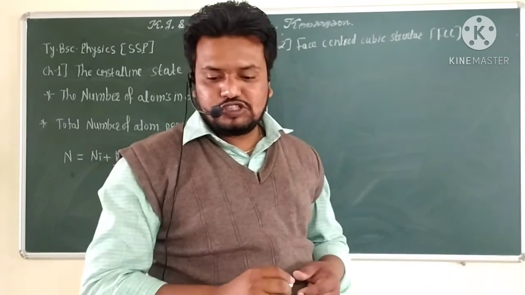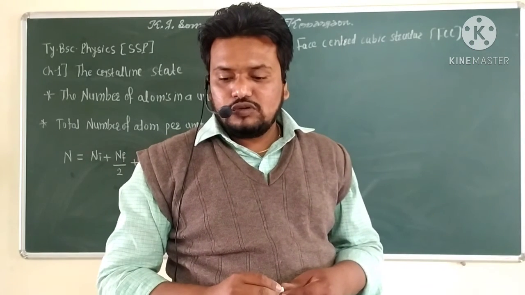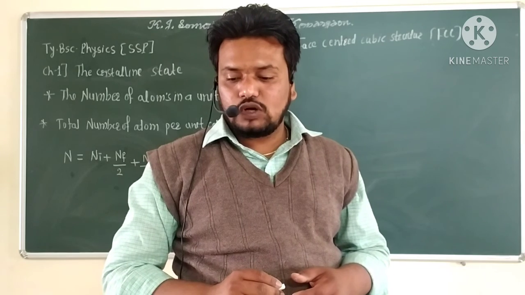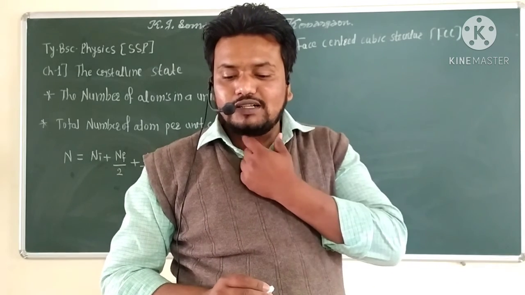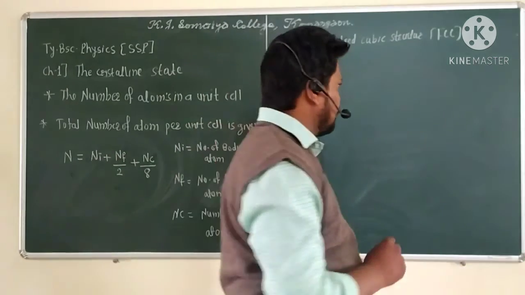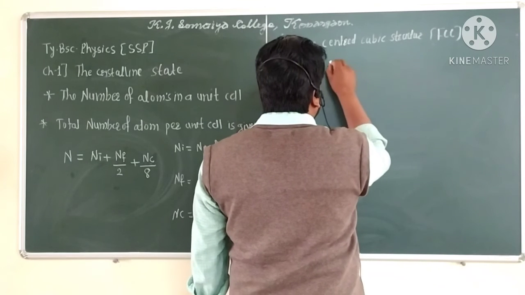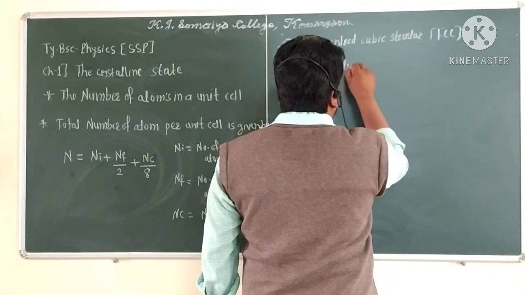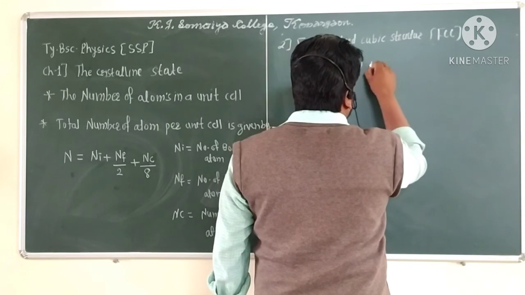In FCC structure, there are 8 atoms at the corners and 1 atom at the center of each of the 6 faces.